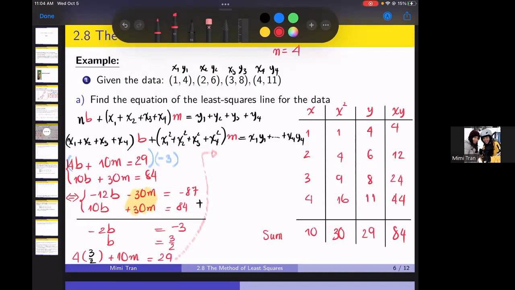What does 4 times 3/2 equal? Very good, 6. So 6 plus 10m equal 29.